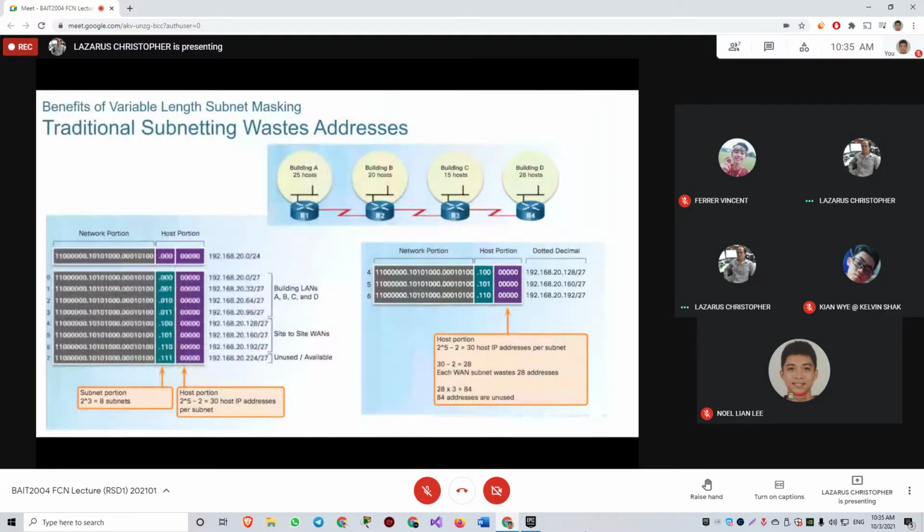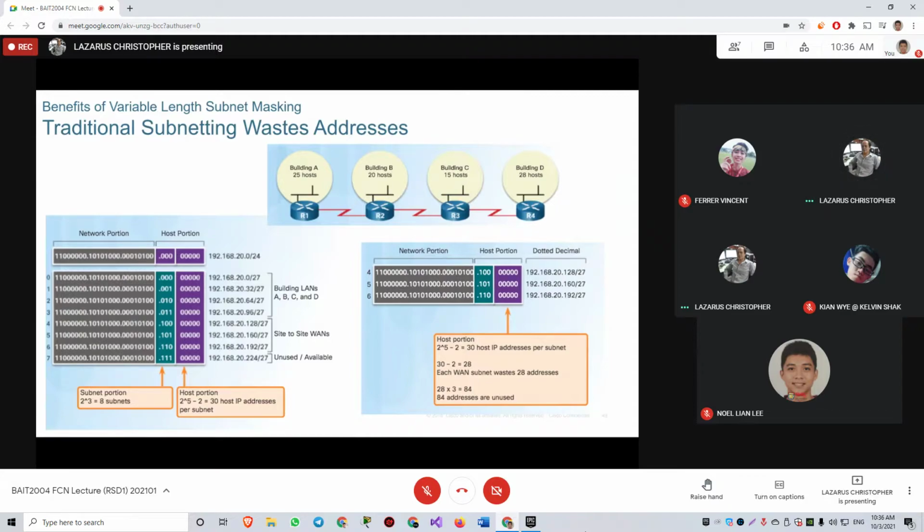So we look at VLSM. In this example, imagine if we use very similar requirements, all with an equal number of subnets given.